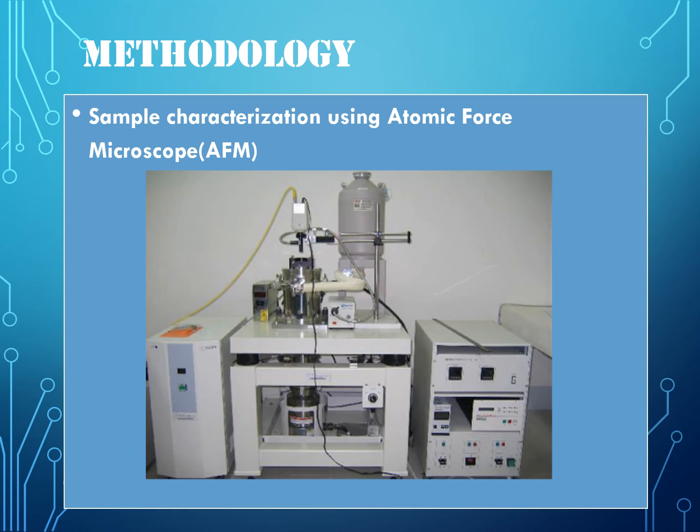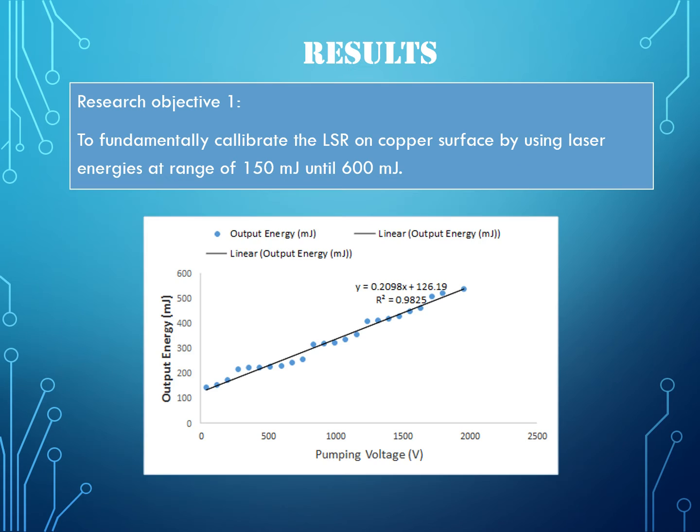The figure shows a Seiko Instruments SPA 400 SPI 3800N atomic force microscope. It is one of the foremost tools for imaging, measuring, and manipulating matter at the nanoscale. AFM has a much broader potential and application because it can be used for imaging any conducting or non-conducting surface.